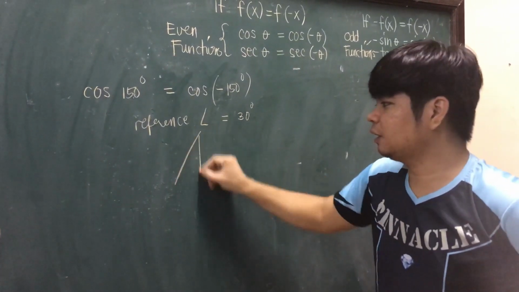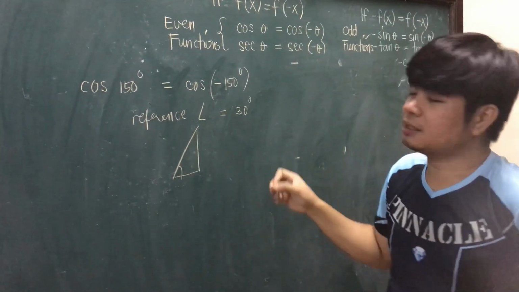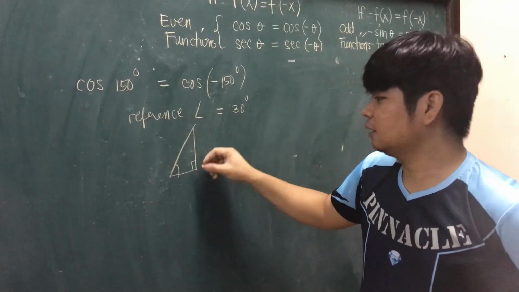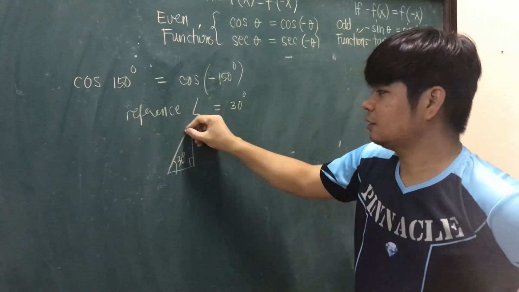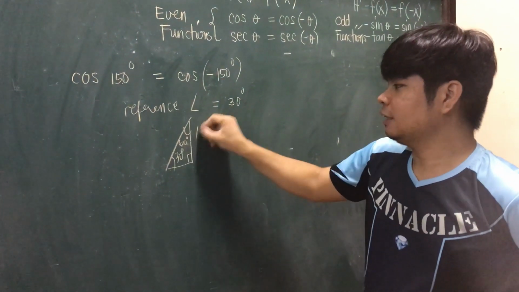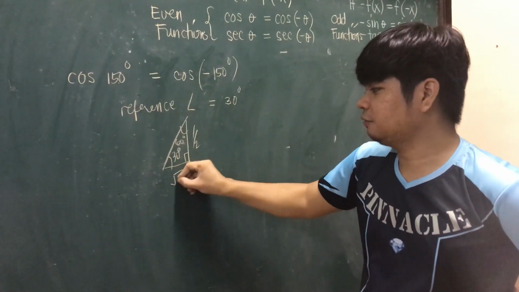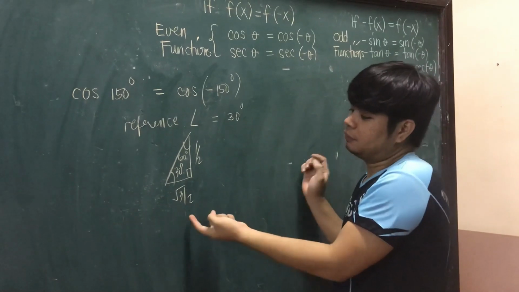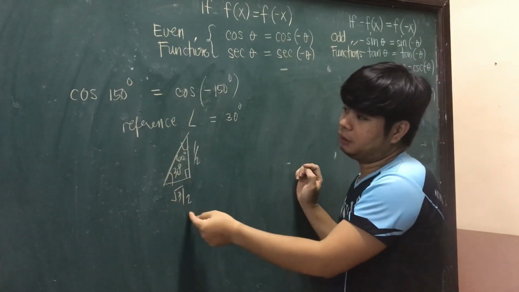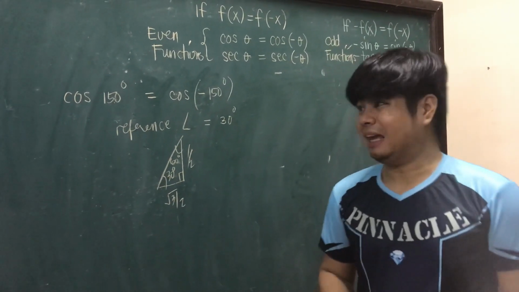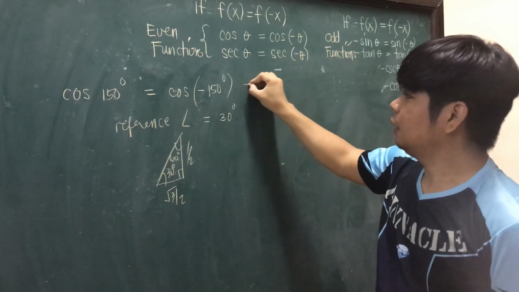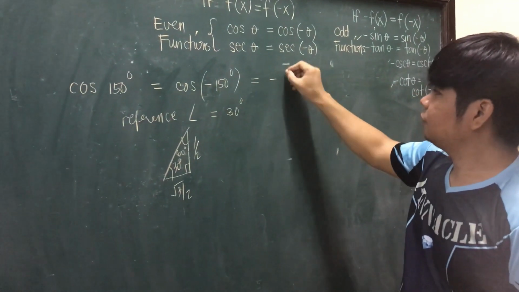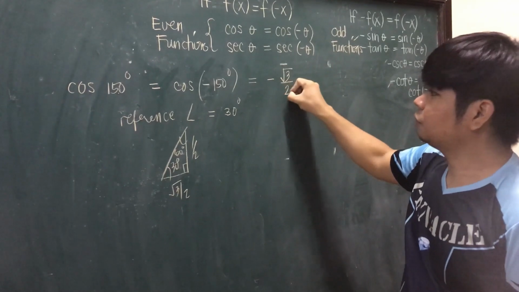So meaning to say, if you draw a 30, 60, 90 degree right triangle, 30 degrees, so this is 60 degrees. This must be 1/2, this is square root of 3/2. So cosine 150 degrees is square root of 3/2 in the triangle, but in the coordinates, that must be negative. So we have negative square root of 3/2.